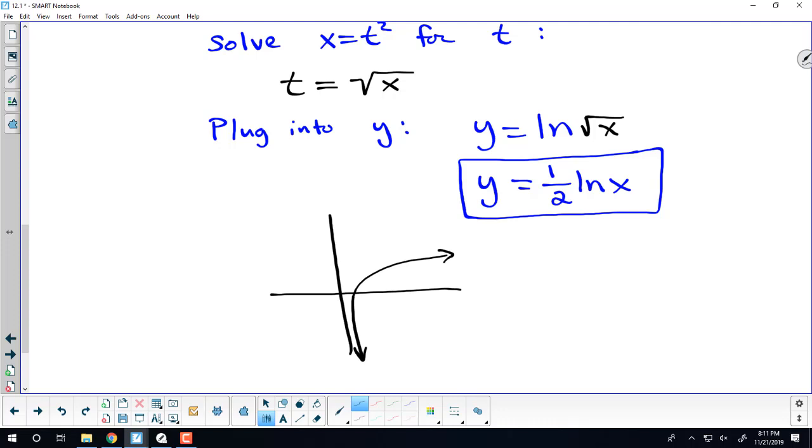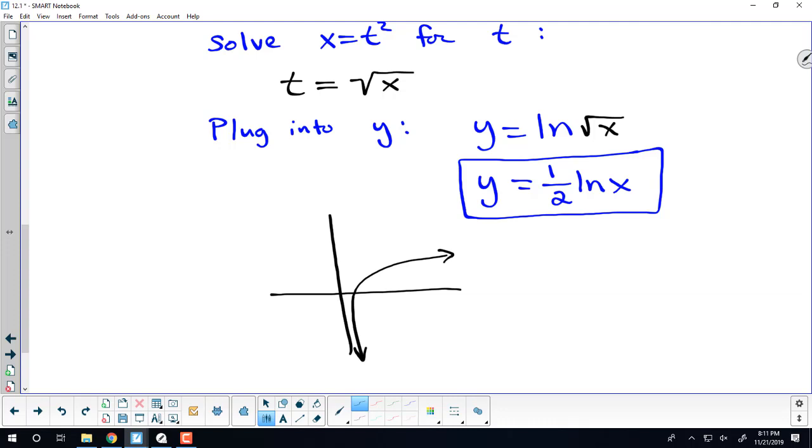So what part of that graph do we get? Do we get all of that graph, a portion of that graph, or what? All of it? Do y'all agree? Yeah. All of it, because the domain here for this function agrees with the domain of the parametric equation. And we start somewhere down here.